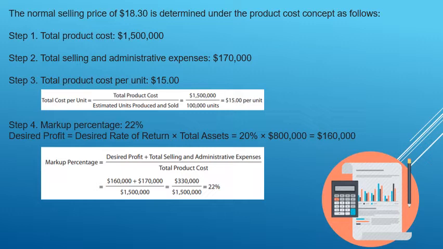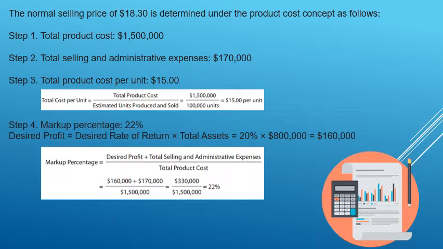So we have here the total product cost amounting to $1.5 million divided by the estimated units produced and sold, which is 100,000 units. So we came up with $15. So the fourth step is the markup percentage, which is 22%.